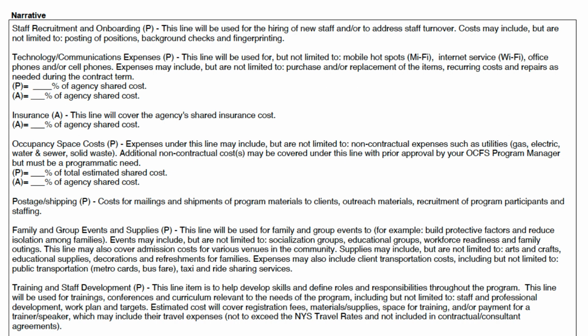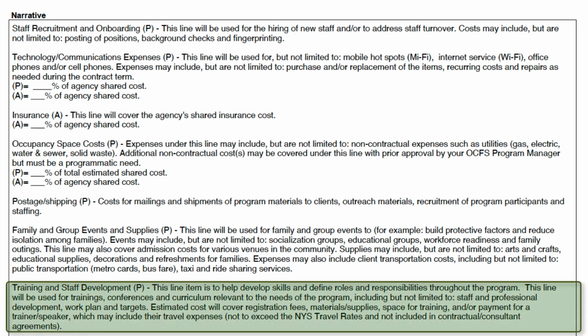If you anticipate needing to pay upfront travel costs for participants, clients, and trainers that are not part of your agency's personal budget, and this is not included in any contractual consultant agreement, you may charge for this under the Training and Staff Development line.